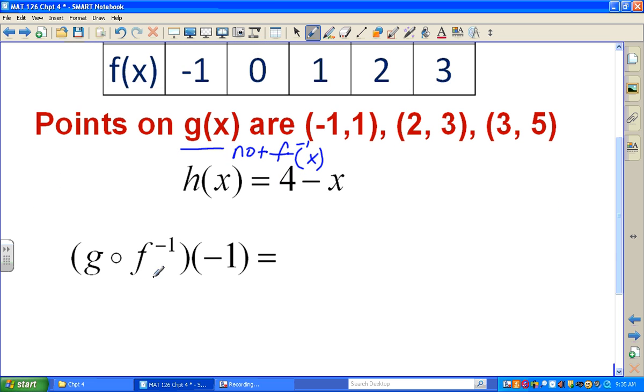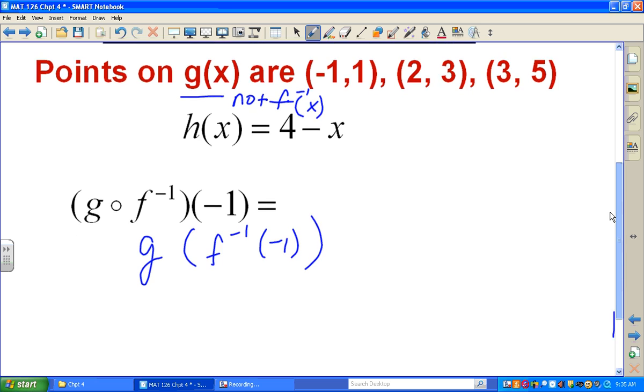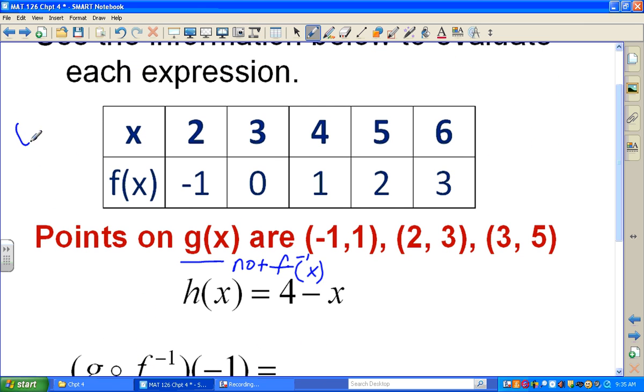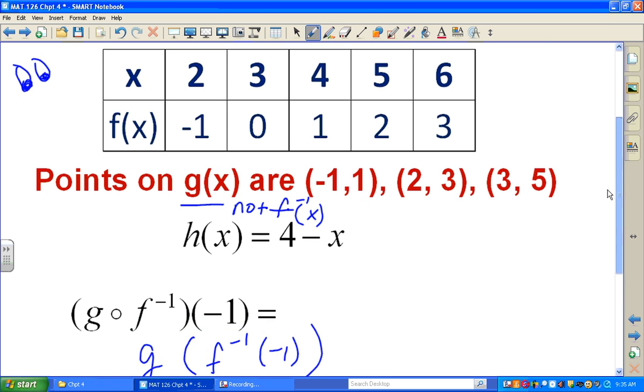So, first of all, g of f of -1. How in the world are you supposed to do it? Well, first of all, I'm going to look at the f function, aren't I? And am I looking for the f function to have a 1 in the y slot or a 1 in the x slot?